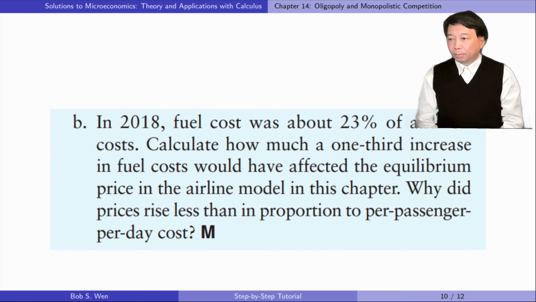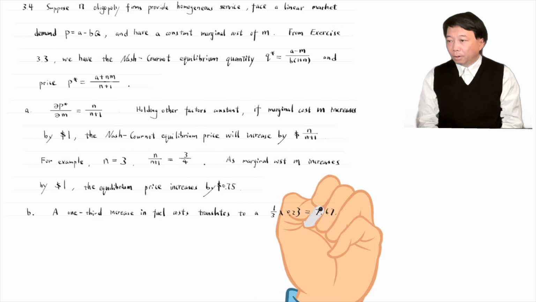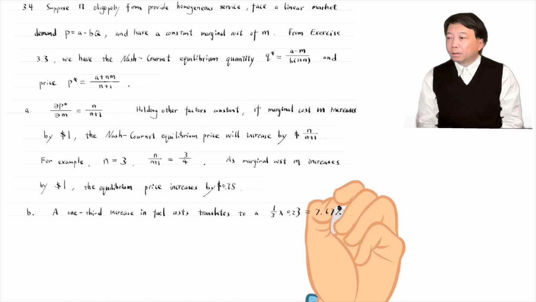In Part B, the fuel cost was about 23% of airlines' costs. Calculate how much a 1/3 increase in fuel costs would have affected the equilibrium price in the airline model in this chapter. Why did prices rise less than in proportion to per passenger per day cost? A 1/3 increase in fuel costs translates to a 7.67% increase in the marginal cost.